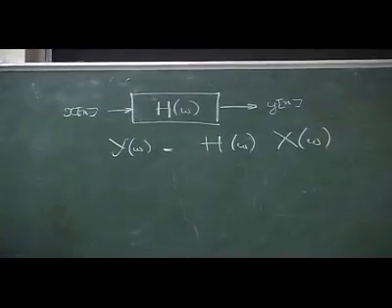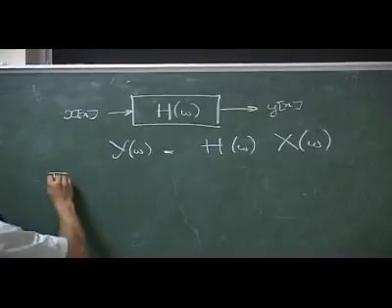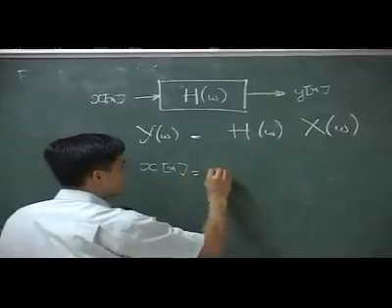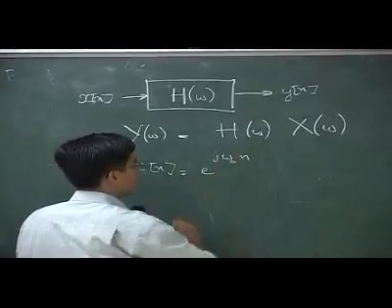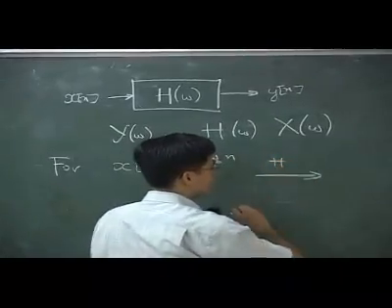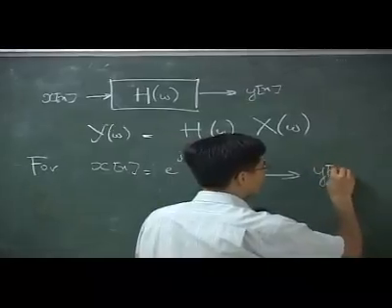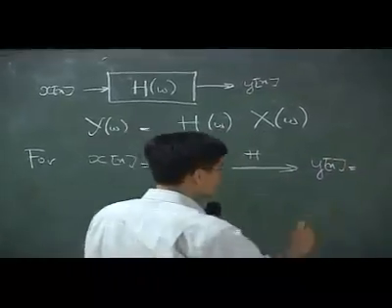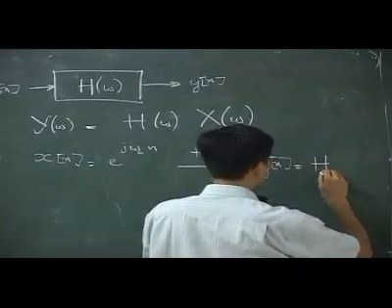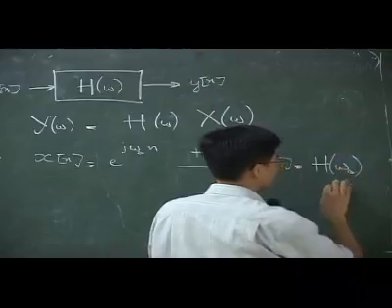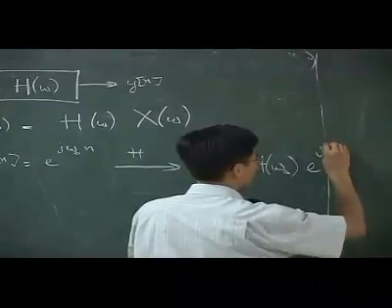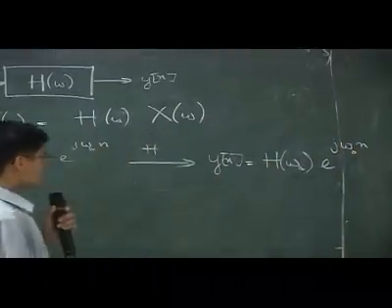And the second thing is, for x[n] equal to e^{j omega naught n}, some sequence like this, moving through H, we get y[n] equal to H of omega naught times e^{j omega naught n}.